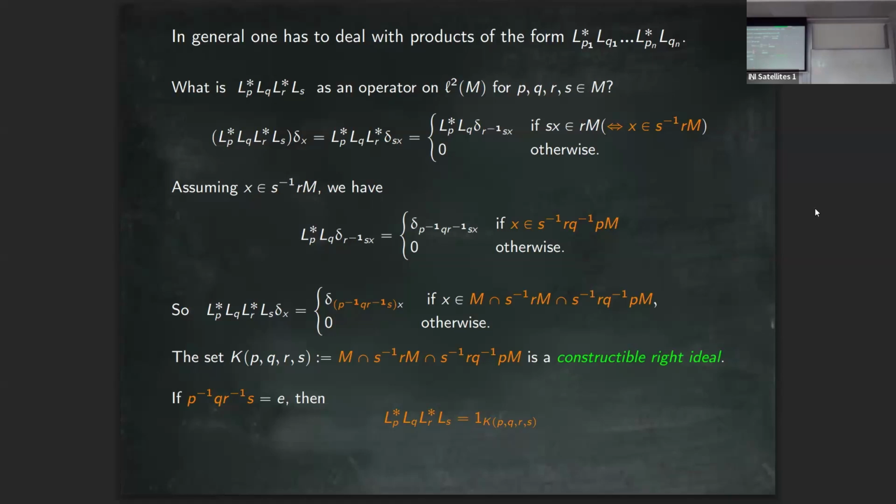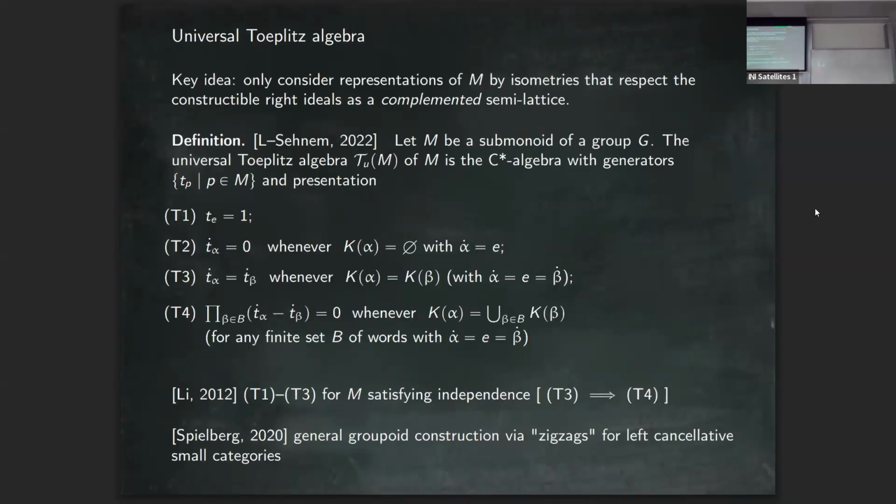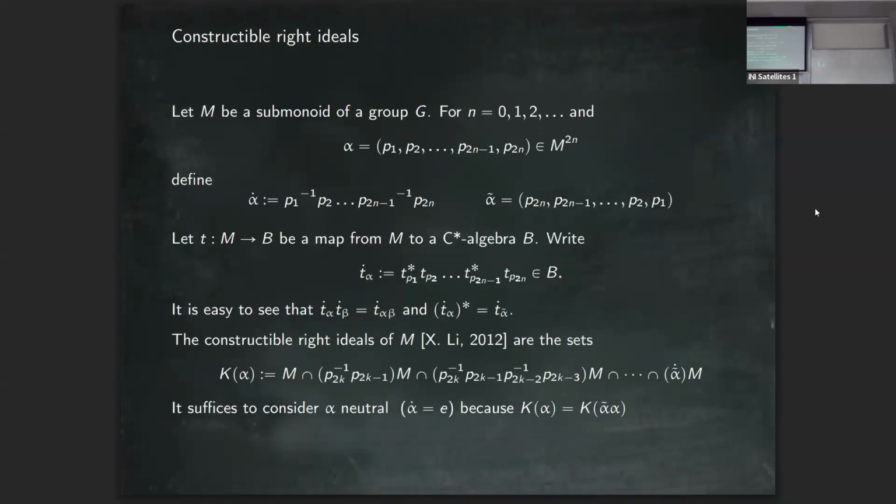And the reason we need to consider them is that what is right is to only consider representations that preserve that structure. So here's a general version of it. So constructible right ideals, you take as a monoid, you look at words of even length, you alternate either alpha dot means the product with inverses alternating, alpha tilde means reverse the word.